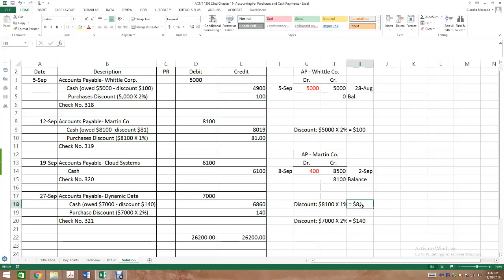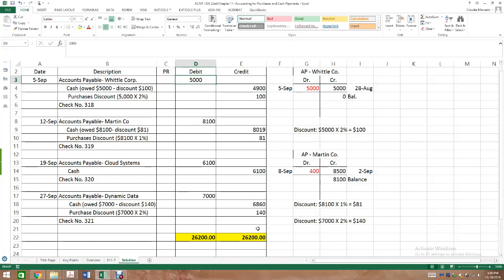I had it calculated and I forgot to enter it. You see? That's why it's very important that we always make sure that we balance. So I have my debits and my credits and they're equal. I know I posted everything. Right now I made a mistake. I calculated the discount of 81, but I forgot to enter it into my transaction. So my debits were not balancing, but I figured it out.